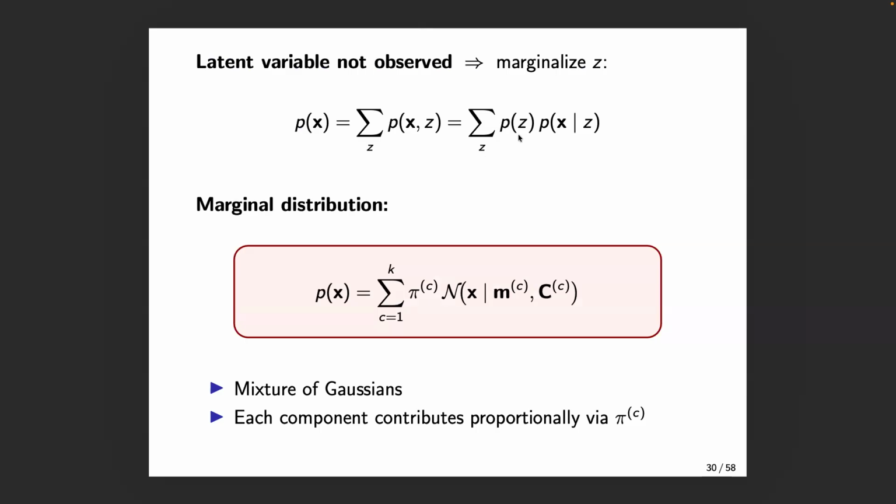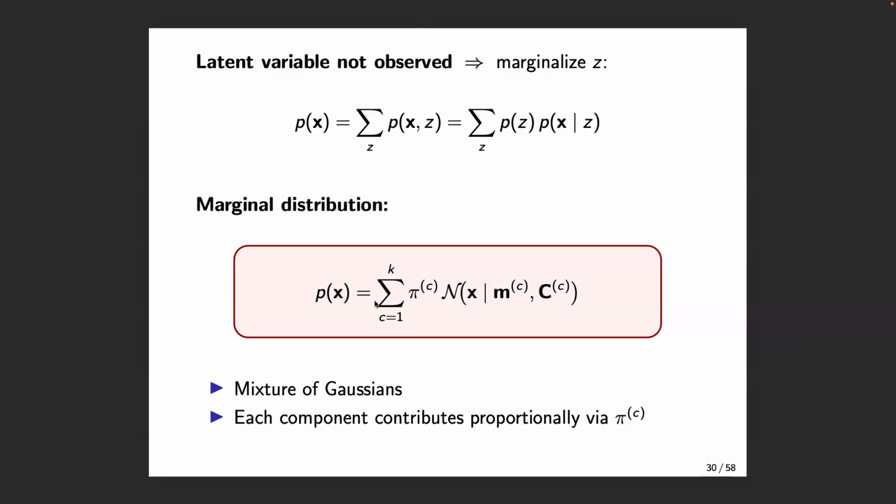So we can multiply p of z with the conditional probability, which gives us the joint probability of a data point and the latent variable. And that results in a marginal distribution for the data point.